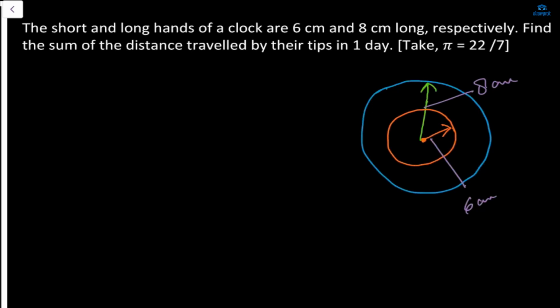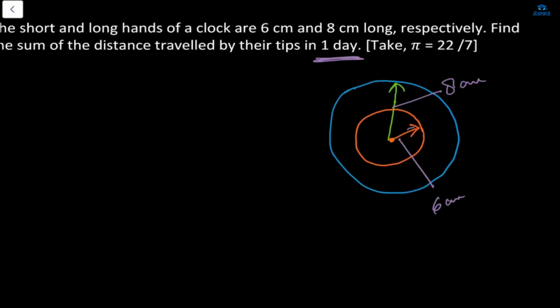One revolution means that both the hands of the clock make many revolutions, because it is asking you in one day. There are two hands. This smaller one represents the hour hand.